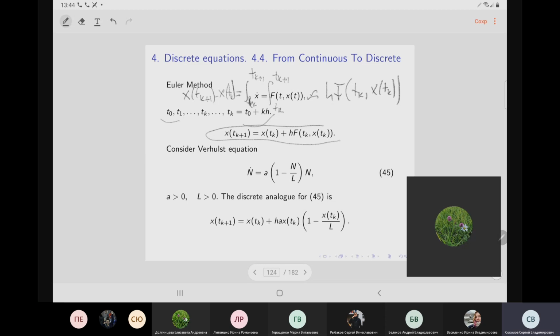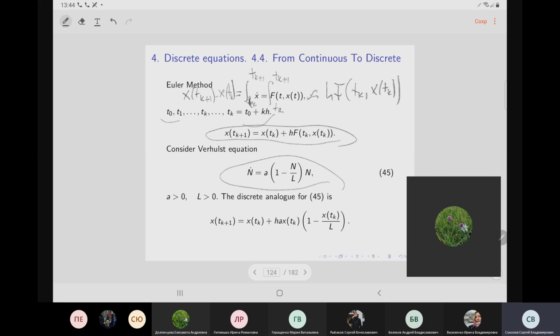For example, let us discretize the Verhulst equation. As usual, A is greater than 0, L is greater than 0, and we are trying to find the discrete analog for equation 45.